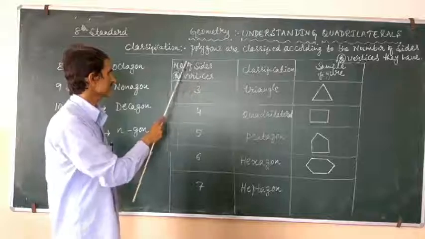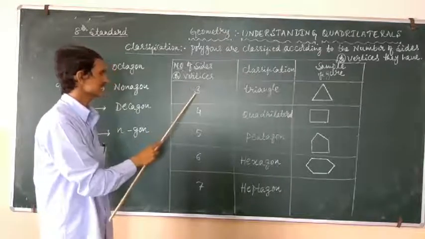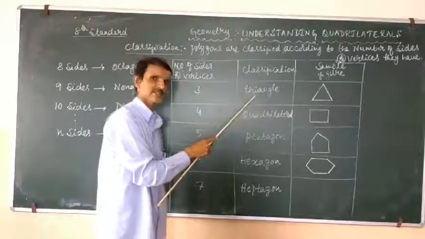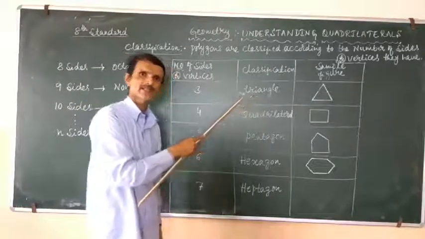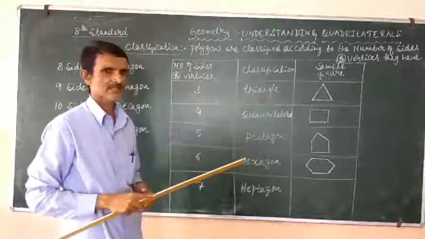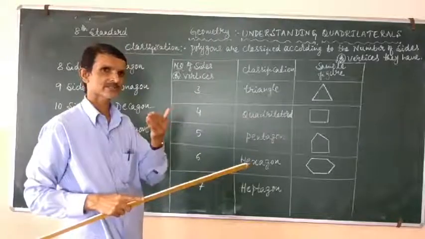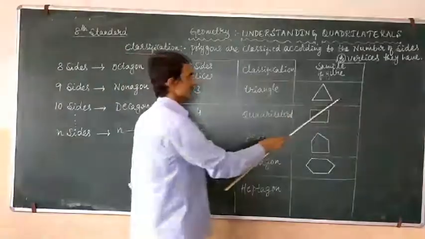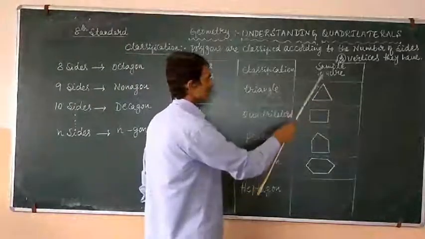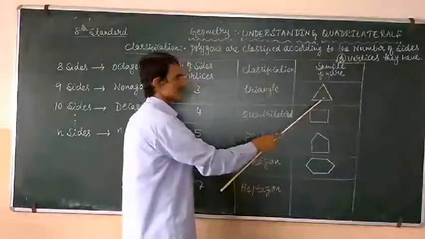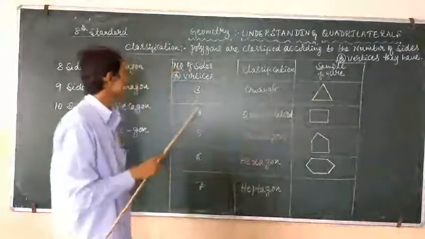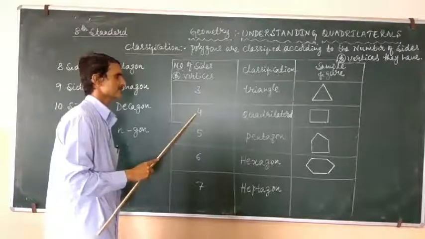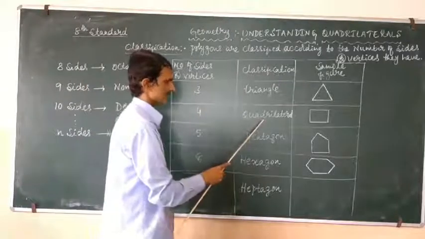Students, if the polygon has 3 sides or 3 vertices, it is called a triangle, which you have already studied in the previous classes. A plane figure bounded by 3 sides is called a triangle. This is a sample figure of a triangle. Next, if the polygon has 4 sides, it is called a quadrilateral.